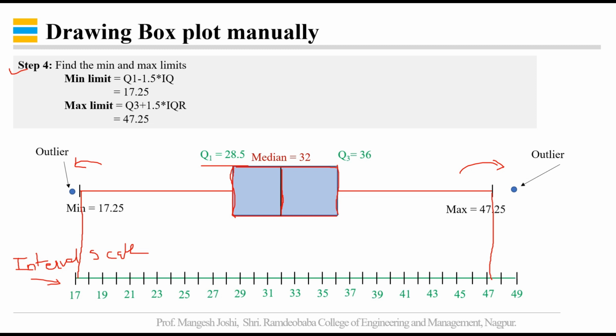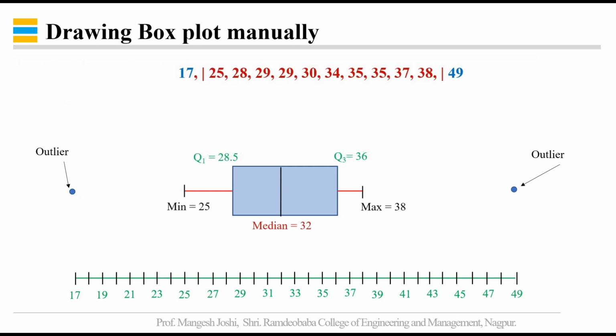If you observe the data set, the last value, that is the largest value at 48, will become an outlier. Similarly, you have a minimum value that is 17. Again it is lesser than 17.25 and hence this 17 will be called an outlier, right?